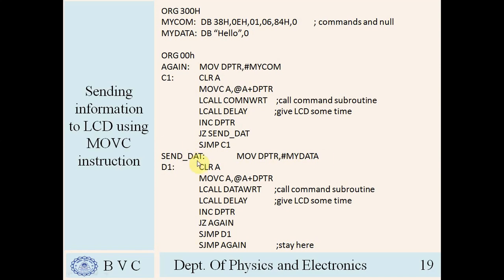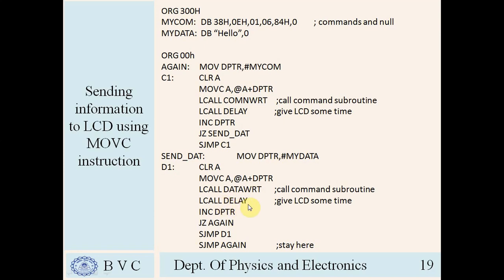Now here the data pointer is initialized with the starting address of this particular starting character. Then one character after the other will be displayed on the LCD screen by using the subroutines data write and then the delay program.